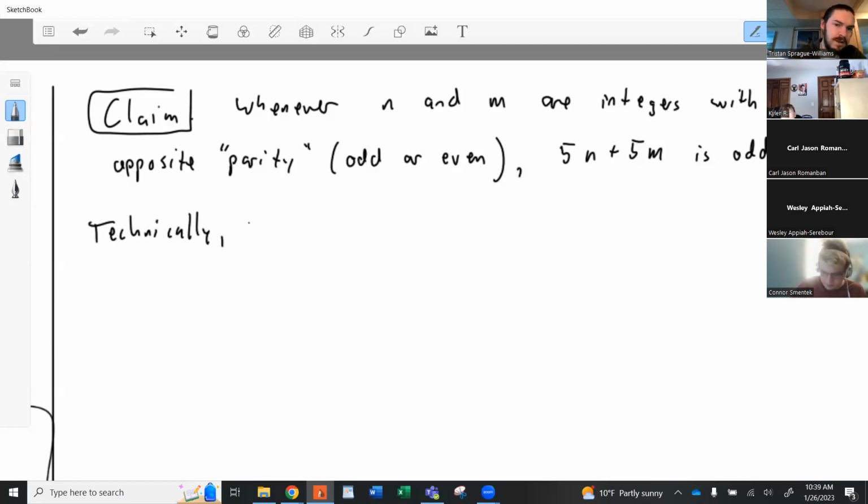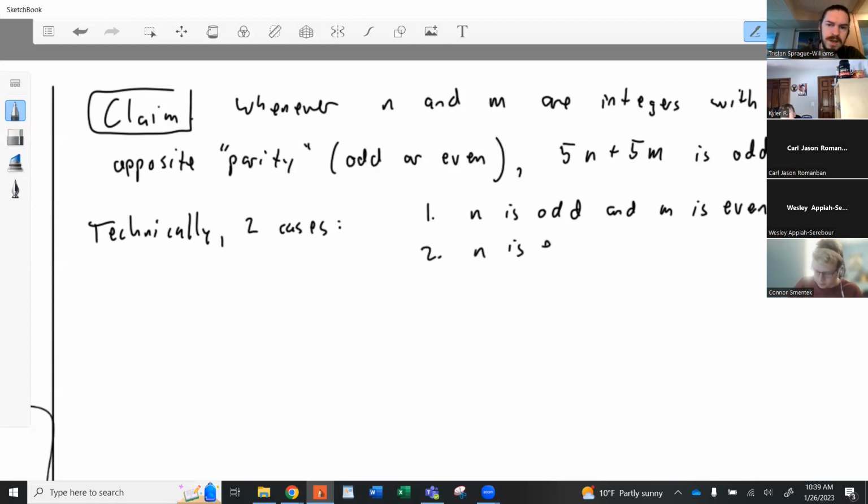Technically, two cases. One, n is odd and m is even. Two, n is even and m is odd.